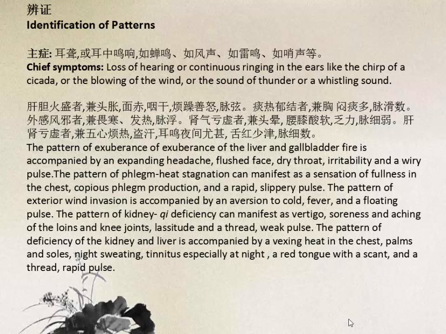The pattern of phlegm heat, because there's phlegm, we often have a sensation of fullness in the chest, especially why? Because the phlegm congests in the lung, right? The lung houses the phlegm, the lung or the stomach, so we sometimes have epigastric distension as well. Usually when it's phlegm heat, it tends to be more in the lung.